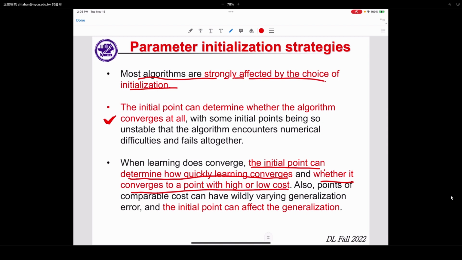Suppose, for example, you are carried by a helicopter and the helicopter will drop you and ask you to go to that mountain. It's very important where the helicopter drops you.